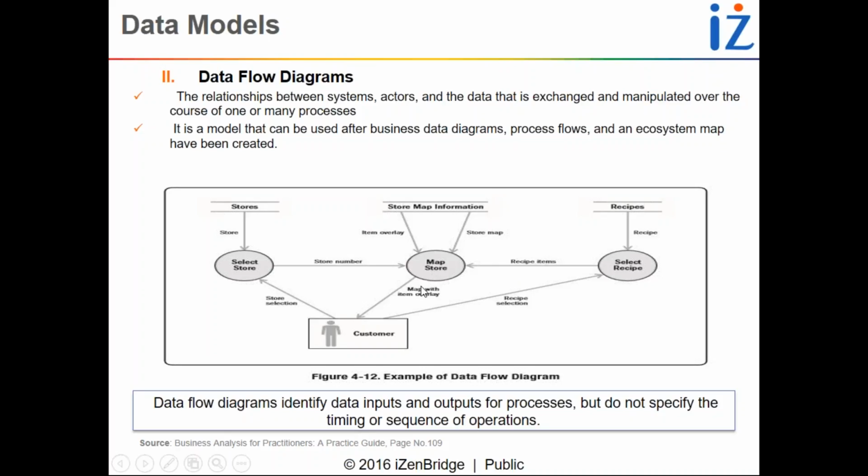So here we are looking at the interaction between the system, actors, and data. The data flow diagram identifies data inputs and outputs for processes. It means here you can see that for this process, recipe item is the input, and this map store is providing the output, a map with item coverage, showing what items are available at that map location.